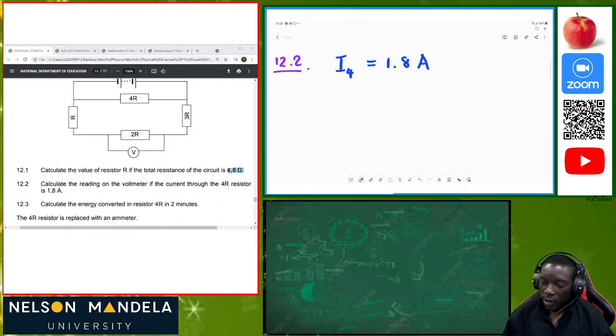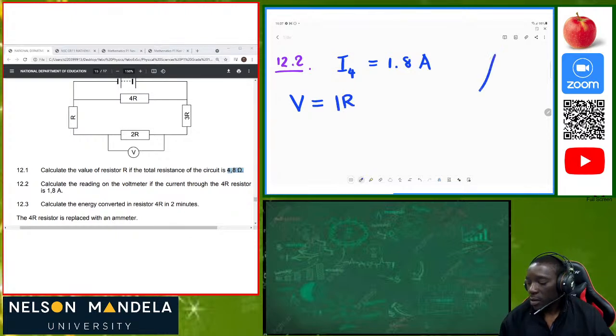The interesting thing is, once you have that current, you know from Ohm's law that V equals IR, right? I don't know how you remember this, but what is important is for you to just remember it.